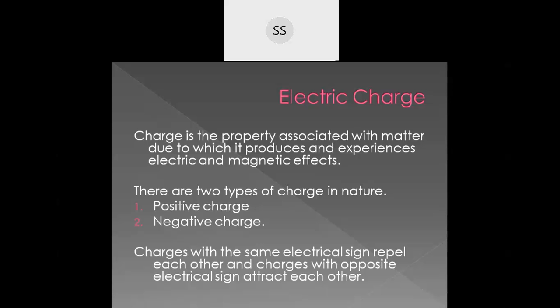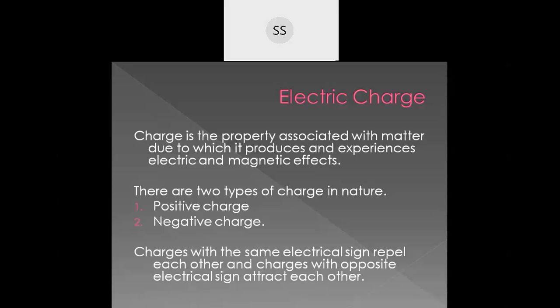So there are two kinds of charge in nature. One is positive charge and the other is negative charge. Positive charge is the proton and negative charge is the electron.